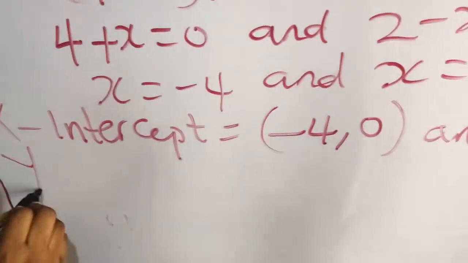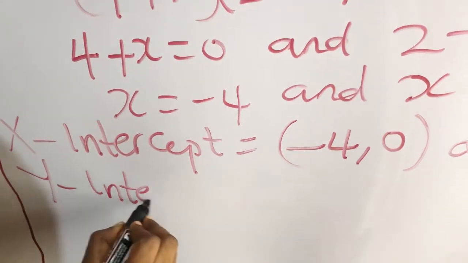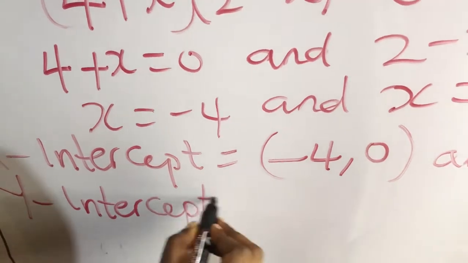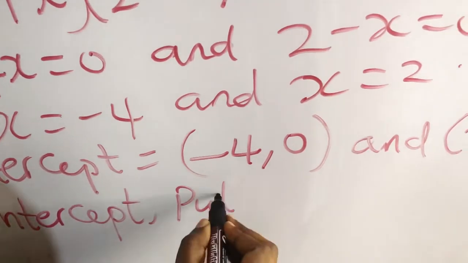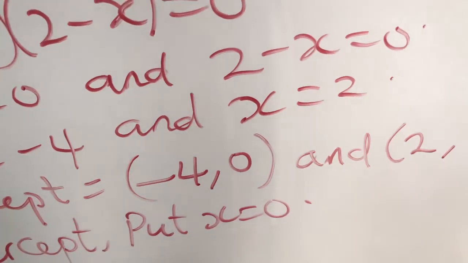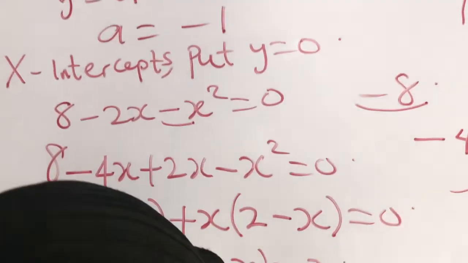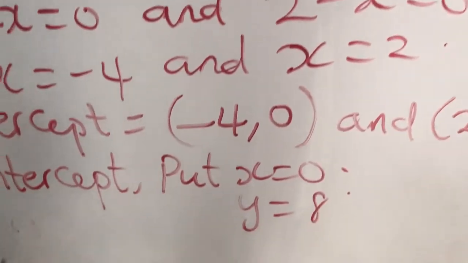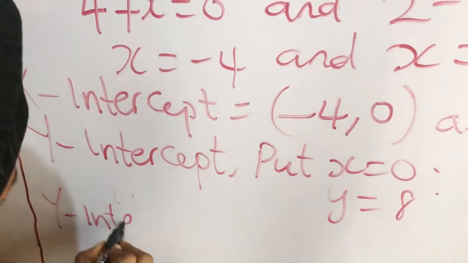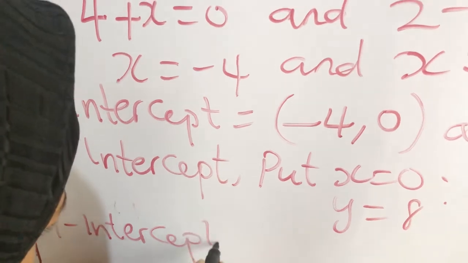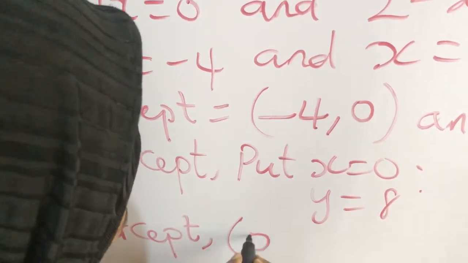So for the y-intercept, put x to be equal to 0. If you put x to be equal to 0, that means y will be equal to 8. So the y-intercept will now be equal to 0, 8.